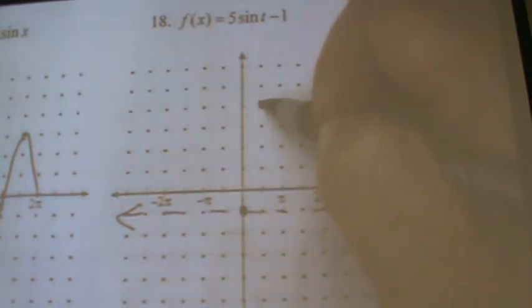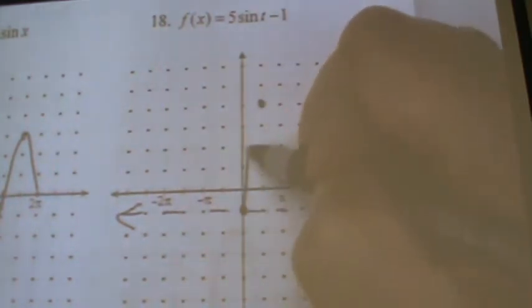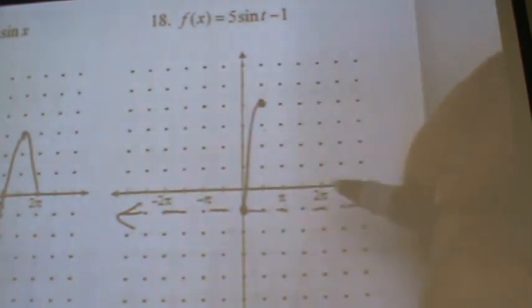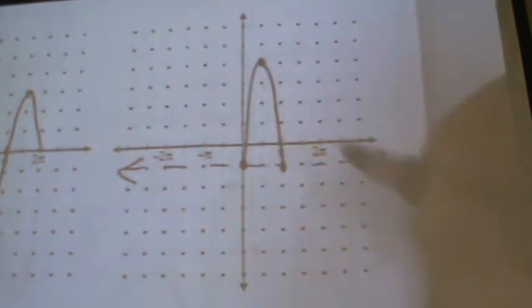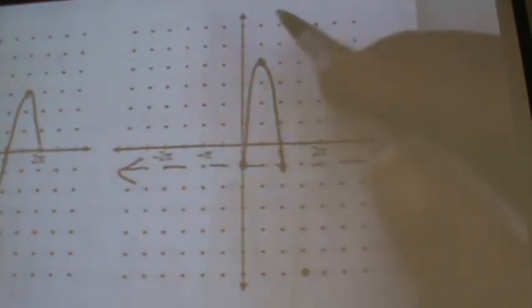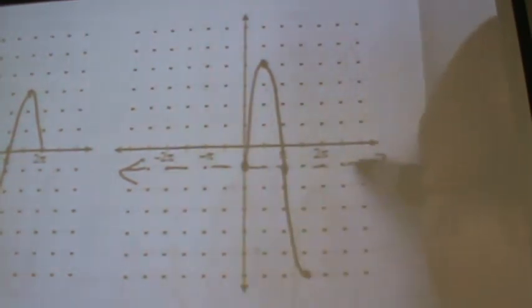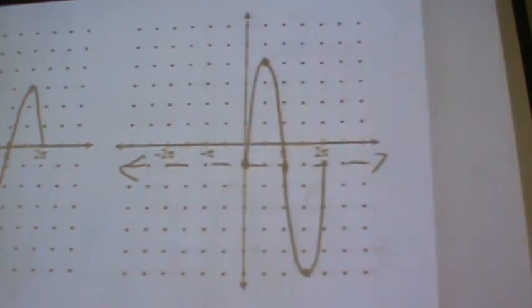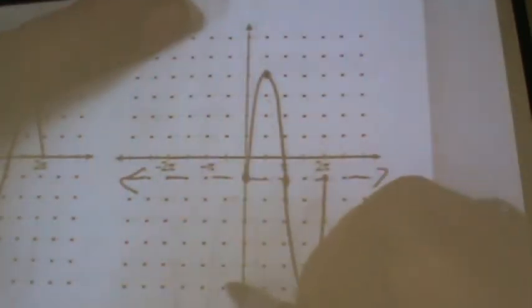You're going to go here. That's 4. So then from there, where do you go? You go back to 0. And then what? Down 5. 1, 2, 3, 4, 5. And that should be -6. Yep. Then up, back to 0. And then what? Then you want to go the other way because the pattern keeps repeating itself.